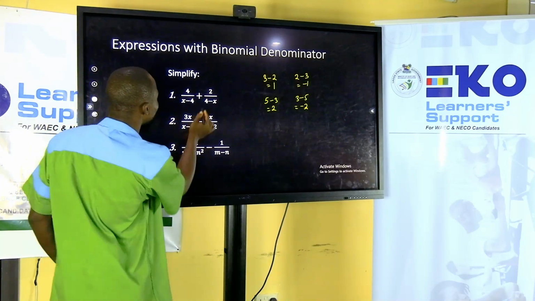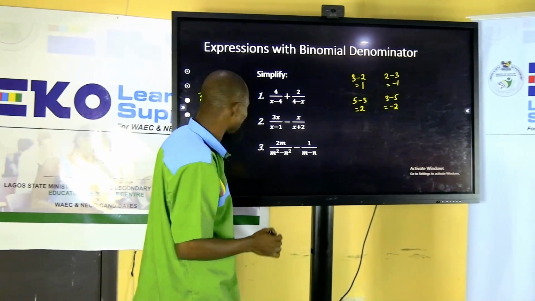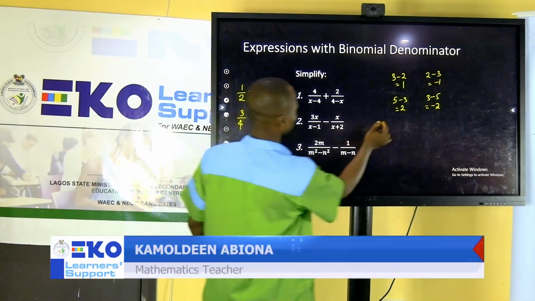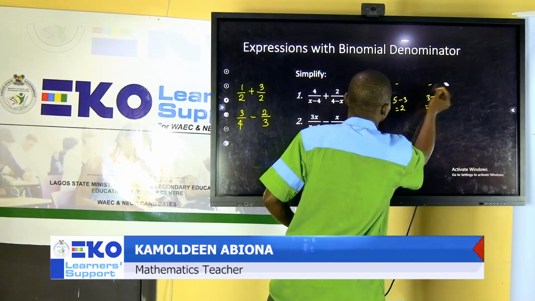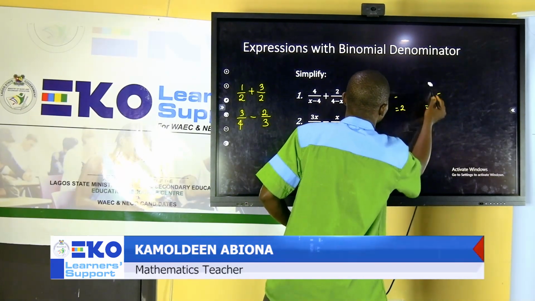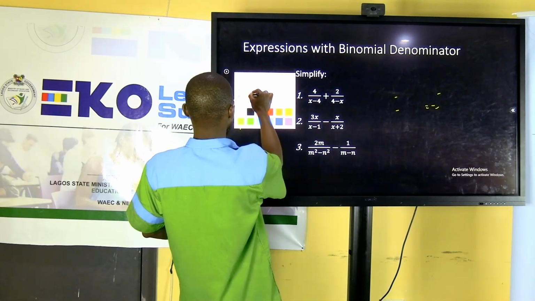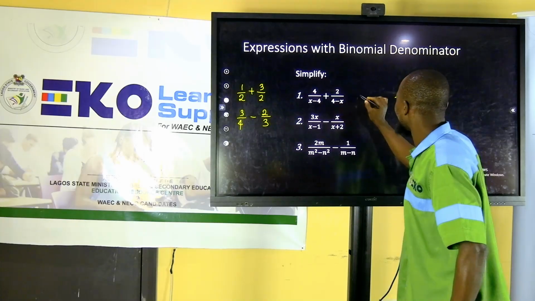So it means that this, I can actually adjust. Yes, I can adjust that. Okay, so I hope you have got this. So I can rewrite this.